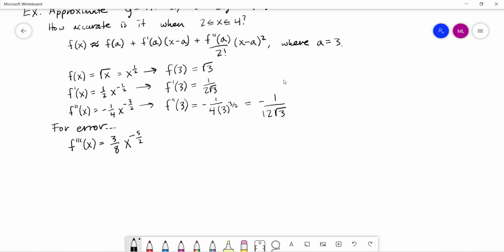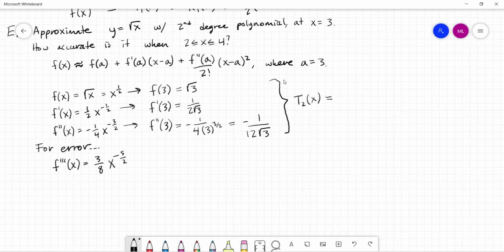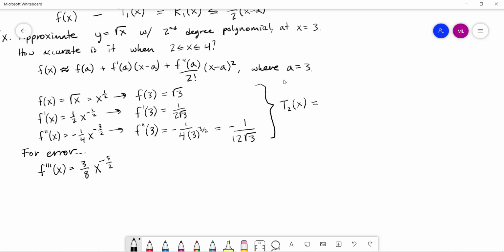And so our approximation, our T2 of x, our second degree approximation of the square root function here, centered at x equals 3, really should have just picked x equals 4, and these would have looked a lot nicer. Maybe I should do that next time. Anyways, we're doing it at 3, so we have a bunch of radicals left, not a big deal.